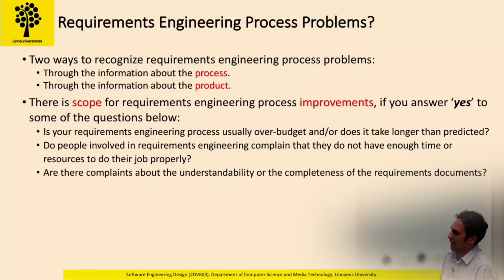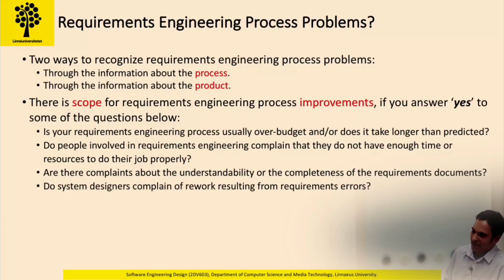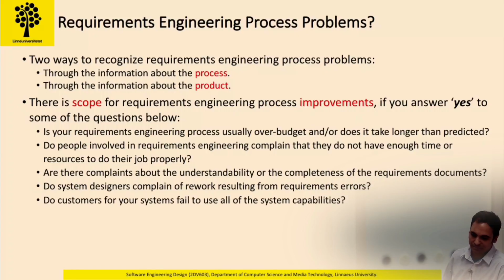Then, are there complaints about the understandability or the completeness of the requirements document? If you answer yes again, that means you also have a problem with the process. Then, do system designers complain of rework resulting from requirements errors? If you have to do some work repeatedly because of the errors, that means again you have a problem in the process.